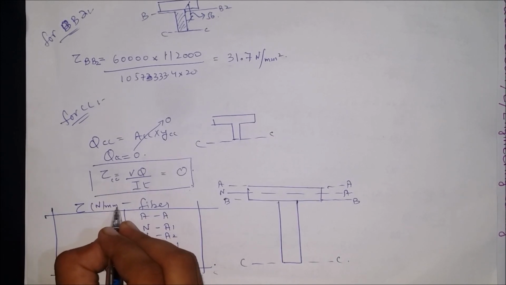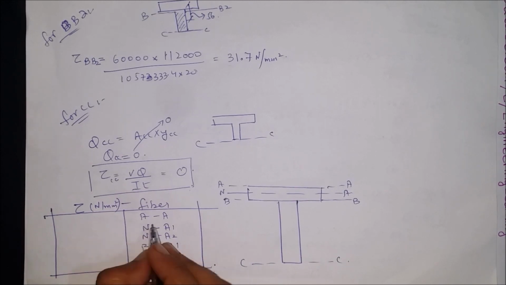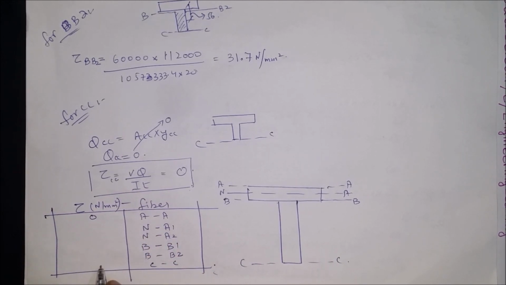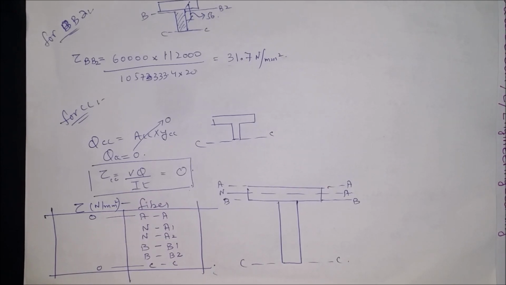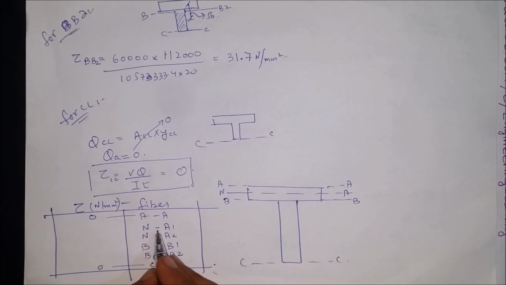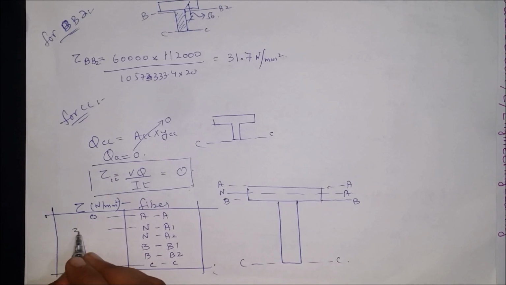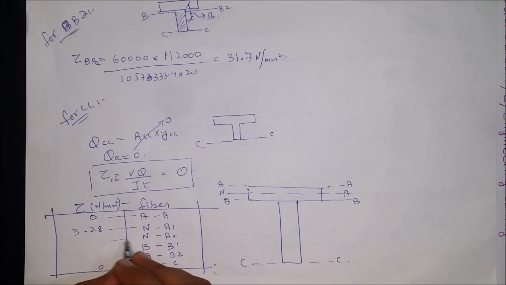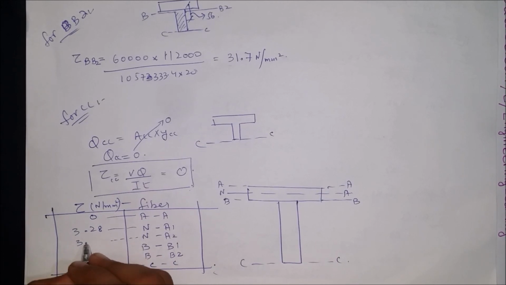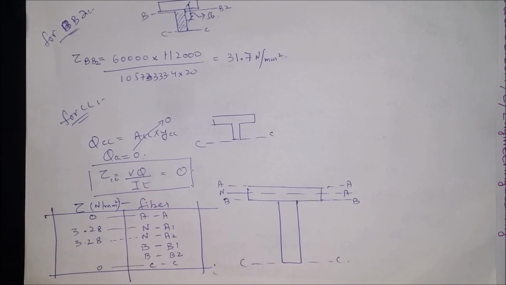The stress values which we found out were 0 and 0 at fiber CC and fiber AA. At the neutral axis above, it was 3.28 Newton per millimeter square, and surprisingly, due to area below the neutral axis, the value was the same. It is no hard and fast rule.